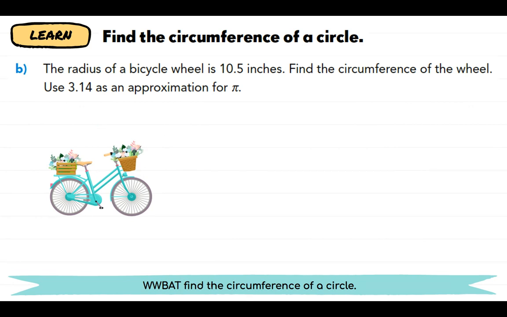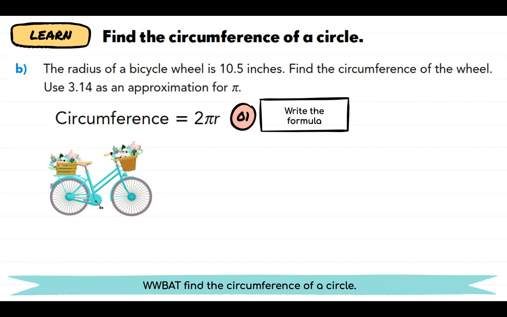Moving on, the radius of a bicycle wheel is 10.5 inches. Find the circumference of the wheel. Use 3.14 as an approximation for pi. Because in this case the question gave us the radius, not the diameter, I will have to use the formula 2 pi r. Circumference equals 2 times pi times radius.